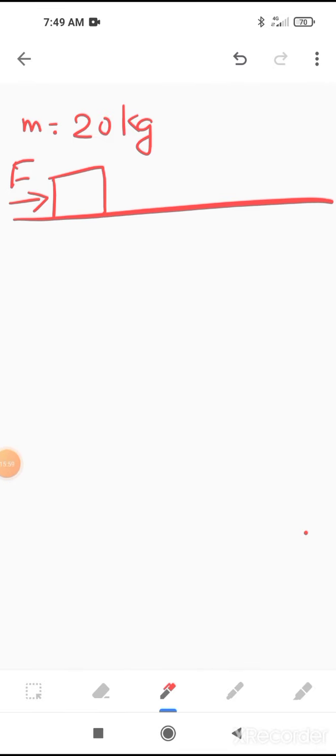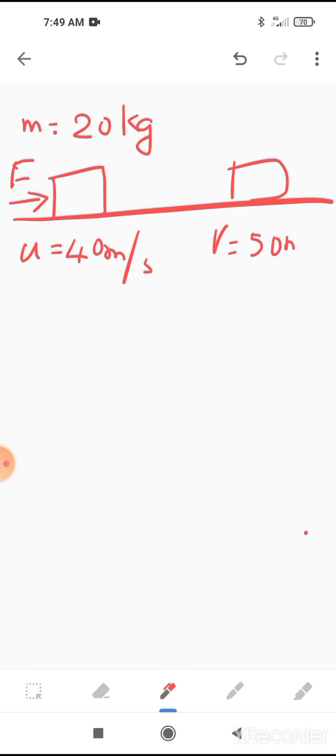Body, its mass is 20 kg, certain force is applied and this body was moving with a velocity of 40 meter per second. Due to the force, its velocity changes to 50 meter per second. And this happened within a time of 2 seconds.